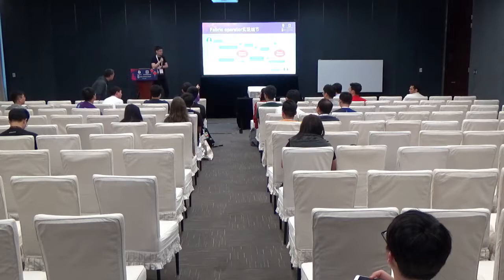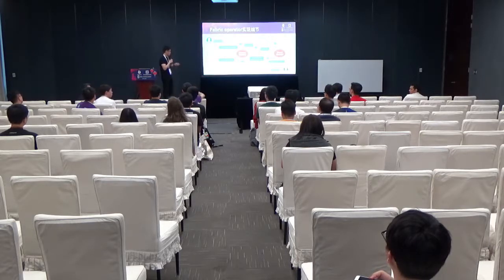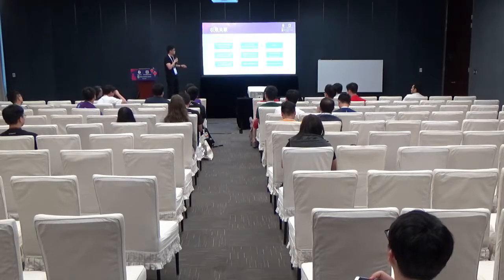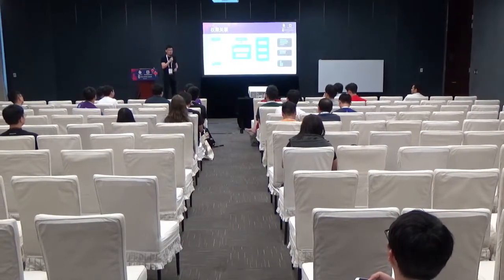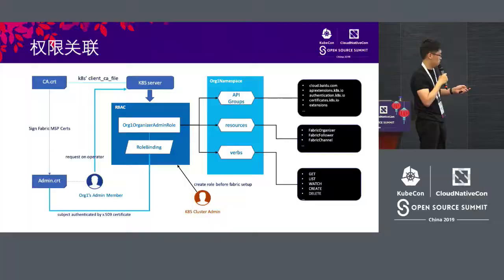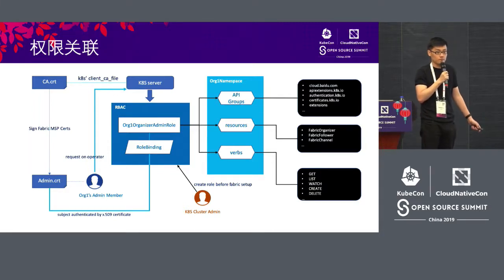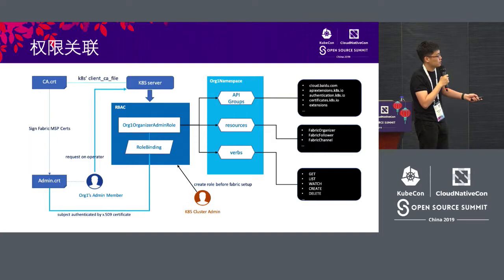Okay. I want to talk about the authorization linkage. Because you have org1, you need to have a TLS. Doesn't mean that every signature needs to have that engagement.